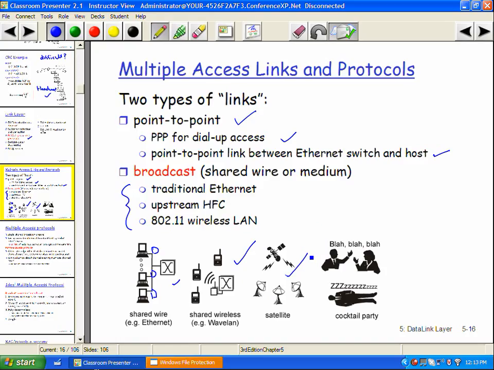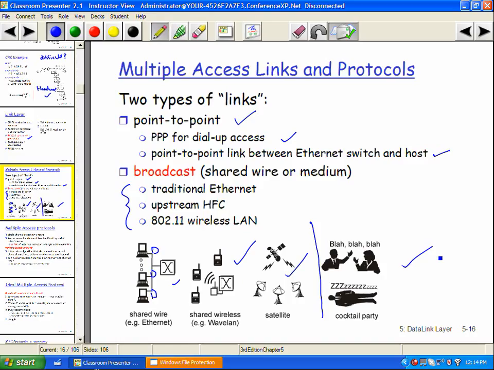So the idea here is, how do you manage these so that everybody is not talking at the same time and everything is getting corrupted and nothing gets through? It's kind of like you have a cocktail party and everybody wants to talk, but if everybody tries to talk at the same time, nobody hears anything. So what is the protocol people follow so that you can have communication going?